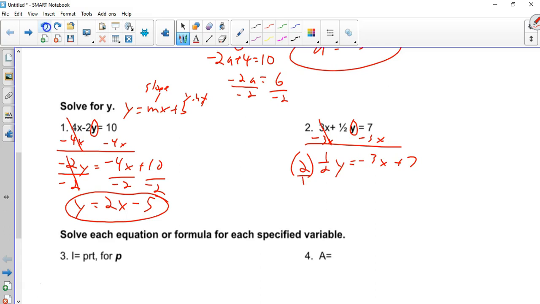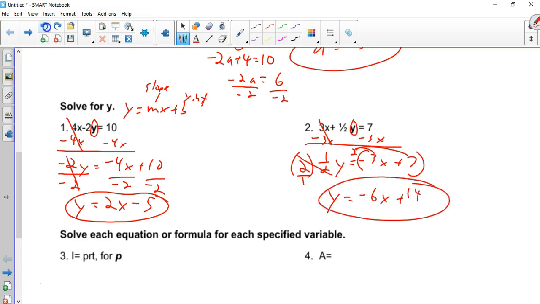Whenever there is a coefficient of your variable that is a fraction, you multiply by the flip, or the reciprocal. So I'm going to multiply this whole side by a 2 and then distribute it in. So this cancels, giving me y equals negative 6x plus 14. Again, same equation, just in a different format.